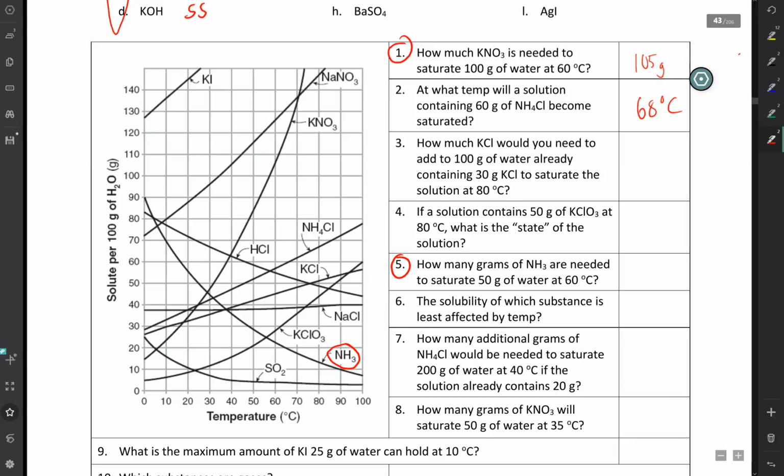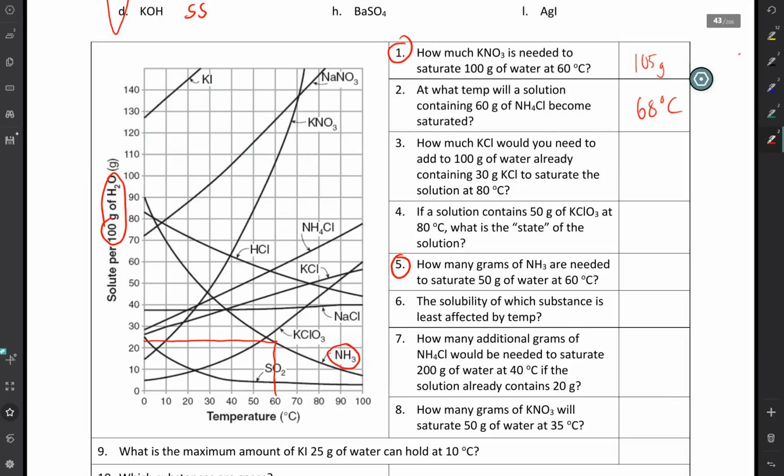We want to know how many grams of ammonia are needed to saturate 50 grams of water at 60 degrees Celsius. So I go to 60, I trace up, I get to ammonia's curve, trace across, I see 22 grams of ammonia will saturate 100 grams of water. Don't put it on autopilot and not read carefully.